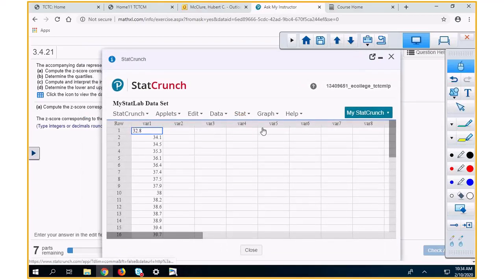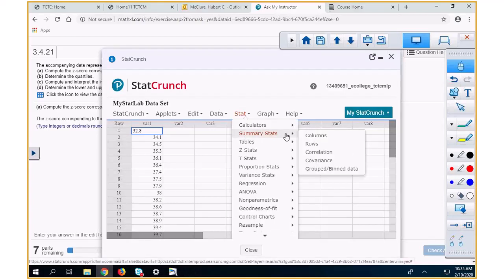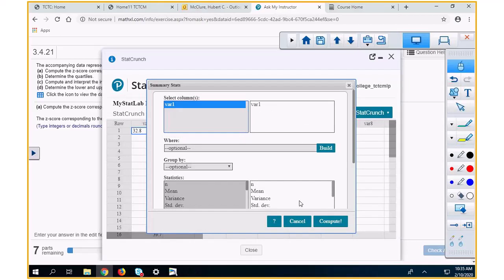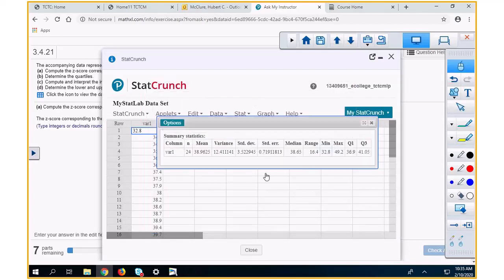So let's write first variable statistic. Column and variable 1 and compute. Go ahead and write that down. Write down the mean, 38.96, and the standard deviation, 3.52.